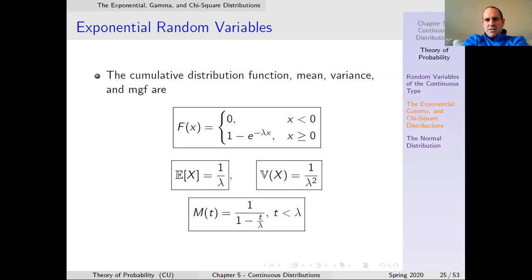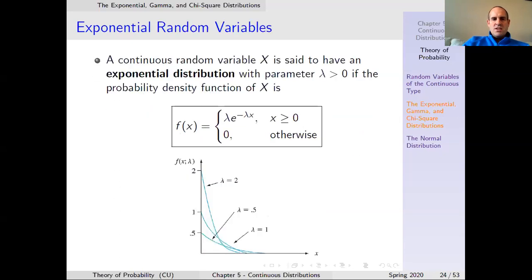And of course, the expected value is going to be 1/3. Remember, that's sort of like the waiting time in a Poisson process with lambda equal to 3. So 1/3 would be our waiting time to the first observation. The variance is 1/9. And we have the CDF, the cumulative distribution function, given by 1 minus e to the negative 3x.